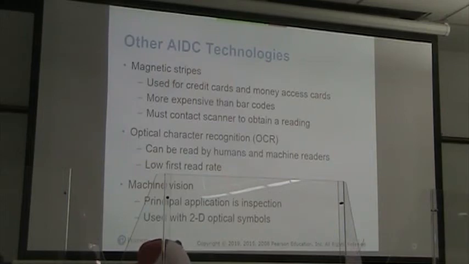Our other automatic identification and data capture technologies. Well, magnetic strips, of course, have been used in credit cards and money access cards for years. They are more expensive than barcodes, and they have to be in contact with the scanner to obtain a reading.